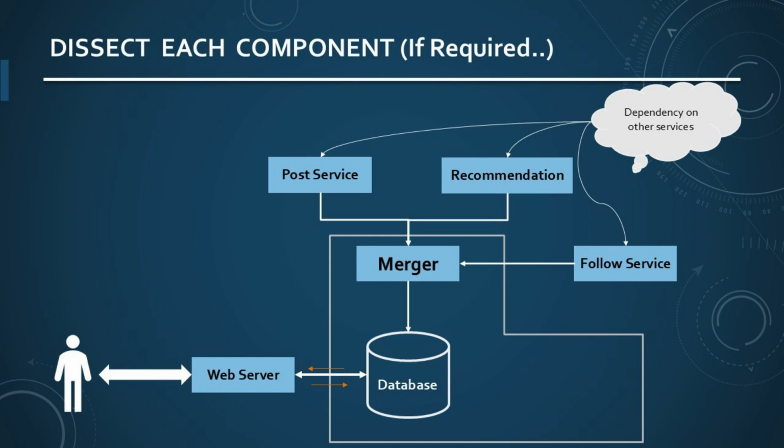Or other sub-components, right? And it needs interaction from, let's say, the post service, recommendation service, and follow service. Because for a feed generator to generate a feed, it needs to know who you follow.